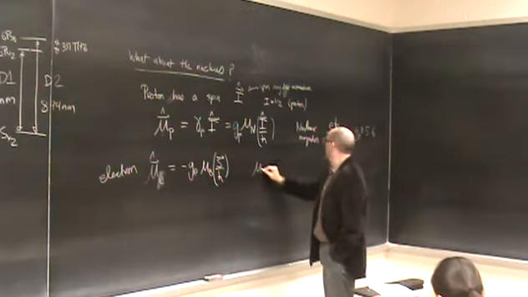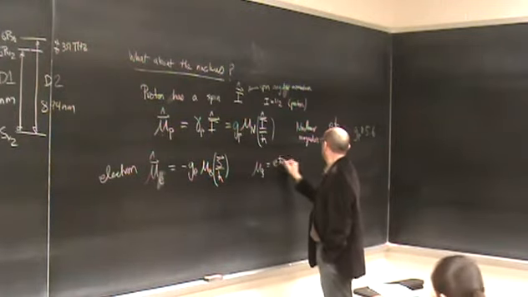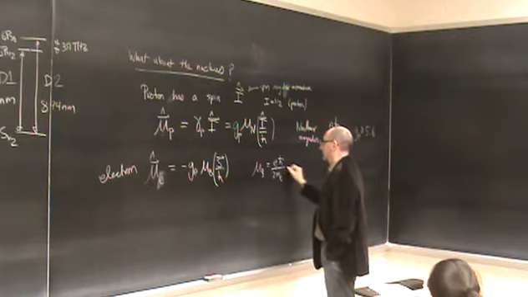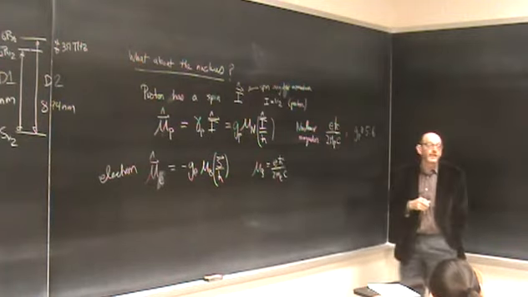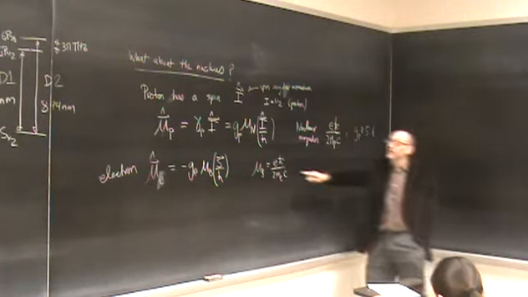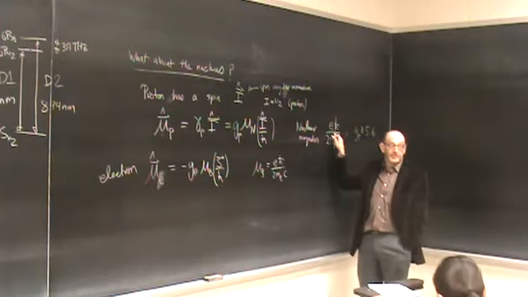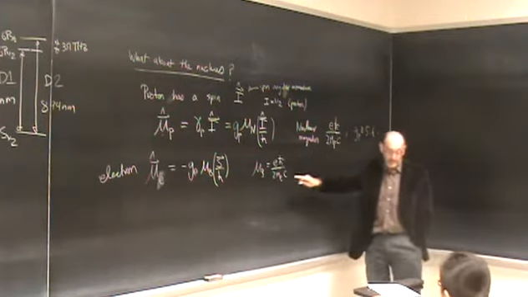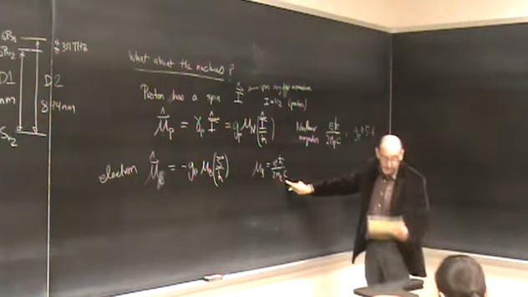And the Bohr magneton depends on the mass of the electron. Okay? So this is way bigger than this, just because of this mass ratio.